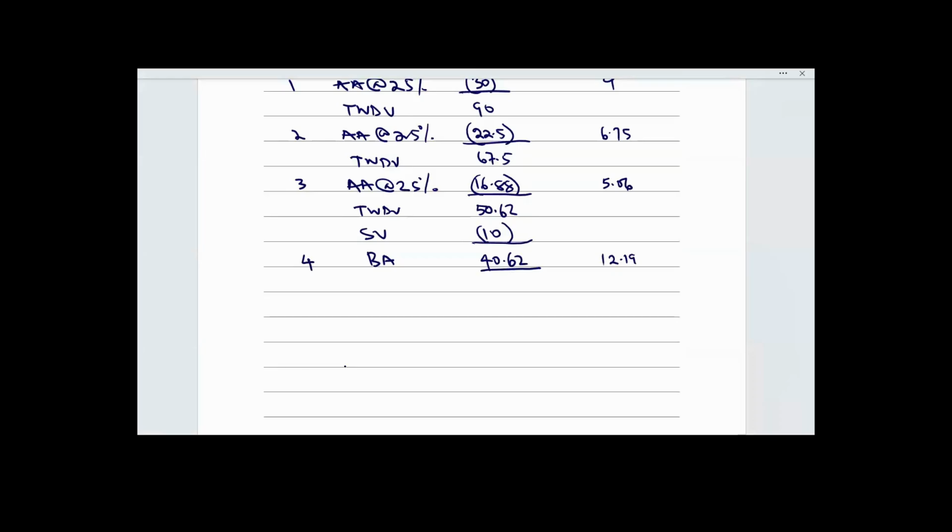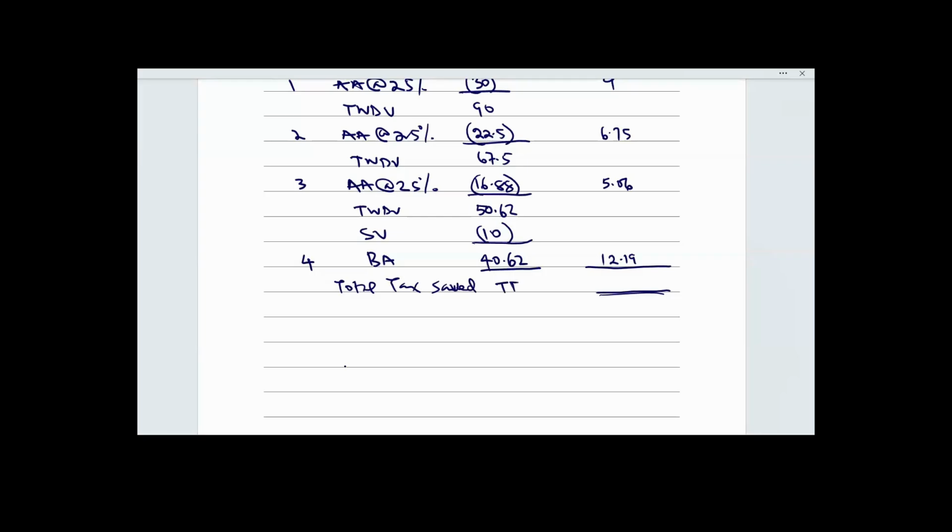Now you need to confirm, because you must ensure that you don't claim beyond the capital allowance claimable. First thing first, you need to determine the total capital allowance you are supposed to claim. This total tax saved is the total capital allowance you are supposed to claim on the assets.